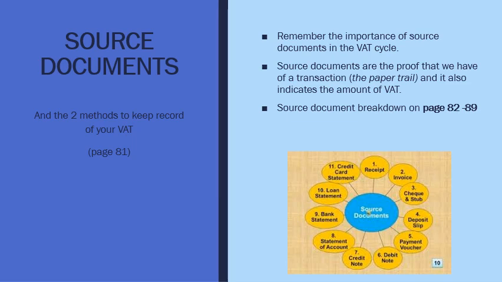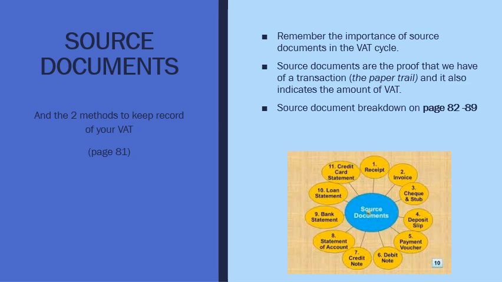Okay, so that's why source documents form a part of our learning unit 3. So they are the proof that we have a transaction. Firstly, we have a paper trail of the transaction. So I can show you, again, electronically or physically, this is what I bought. This is how I paid. This is the business's name. That's where they are registered. That is their VAT registration number, etc., etc., etc.